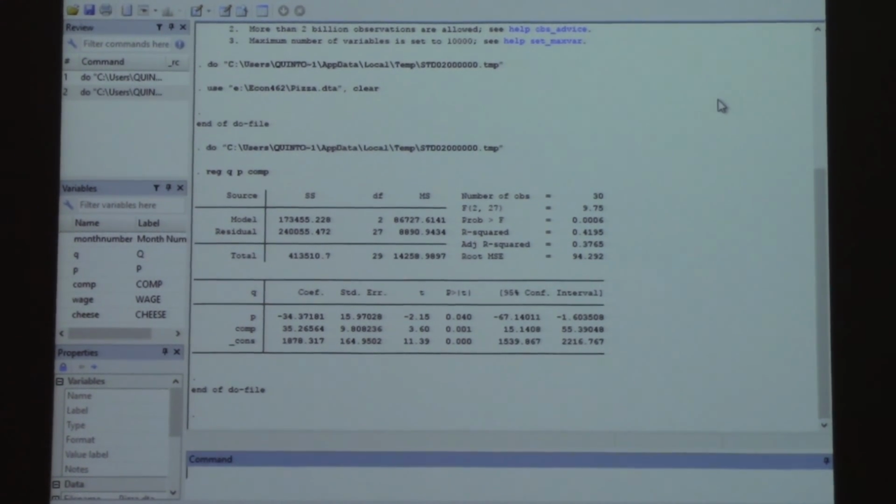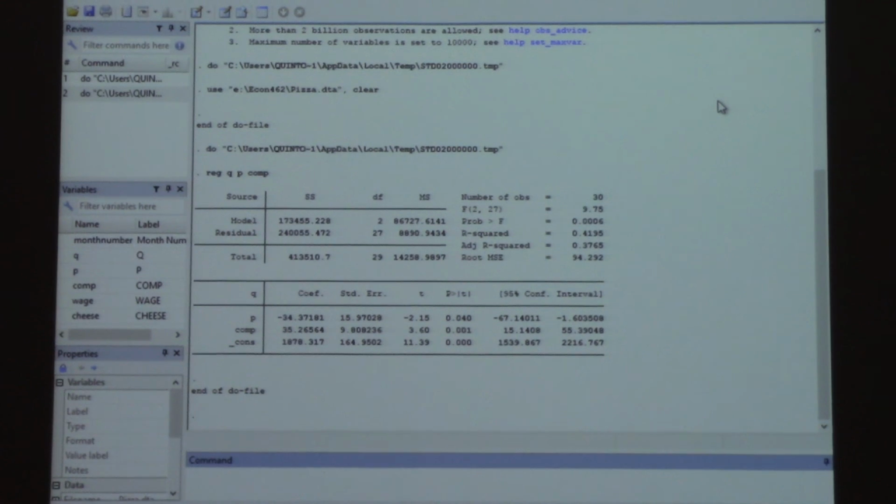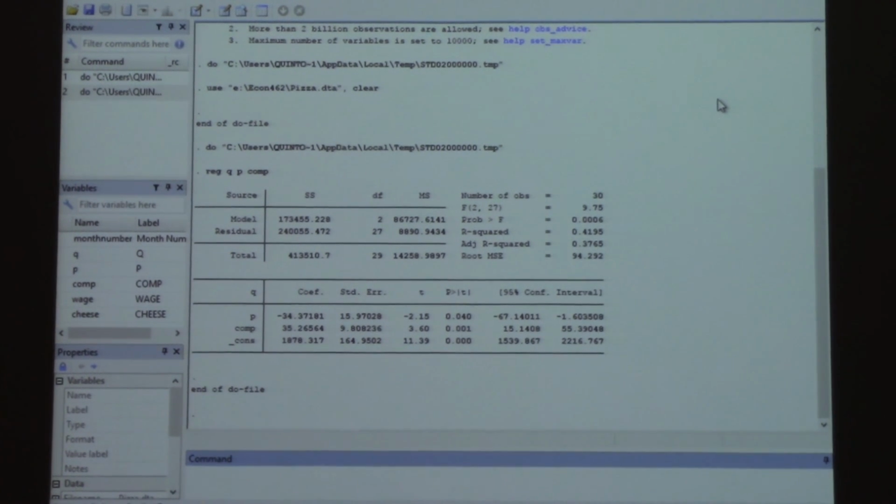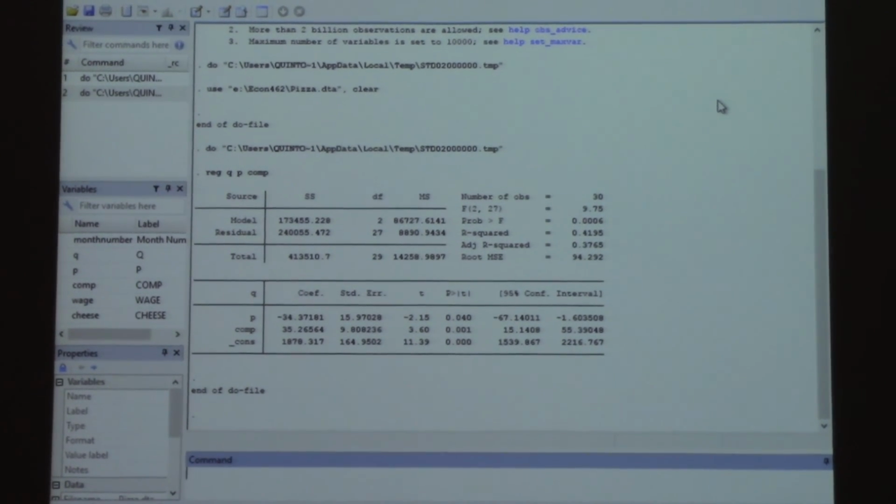And we have a supply curve equals alpha 0 plus alpha 1 price of pizza plus alpha 2 wage of pizza workers plus alpha 3 price of cheese. So the Hausman test was: take the problem variable, and what's the problem variable again?